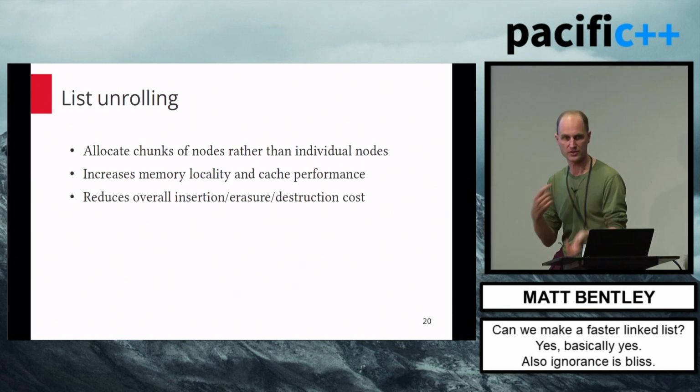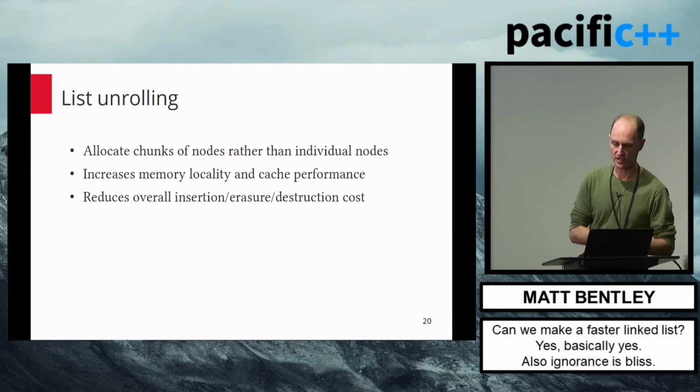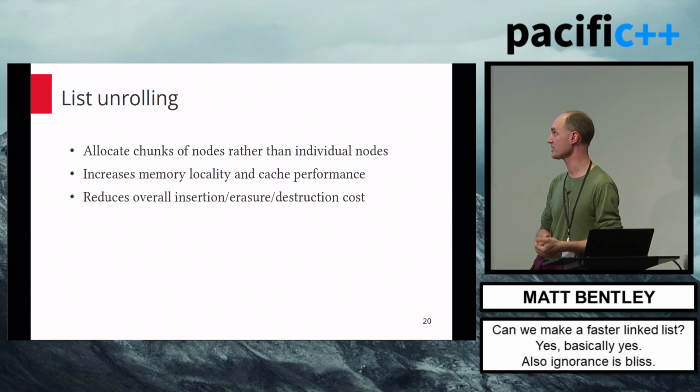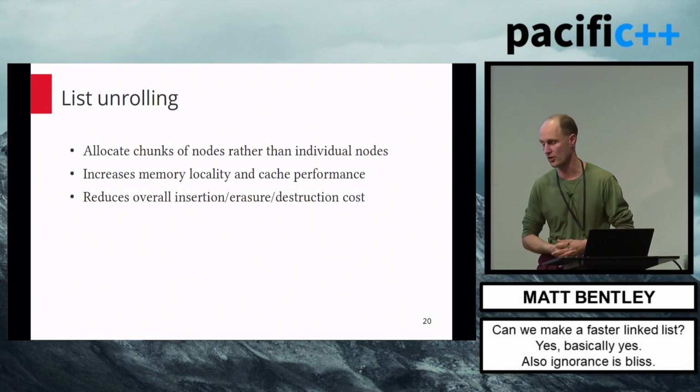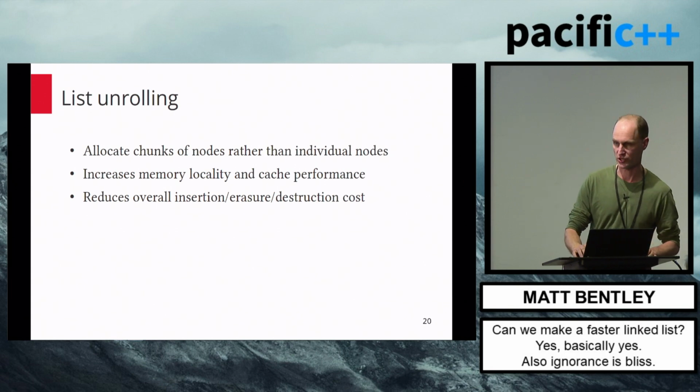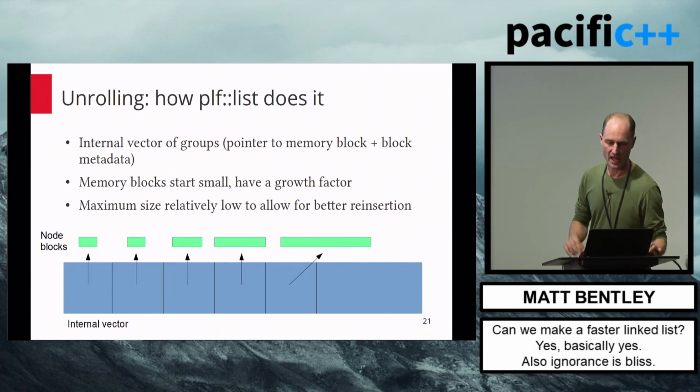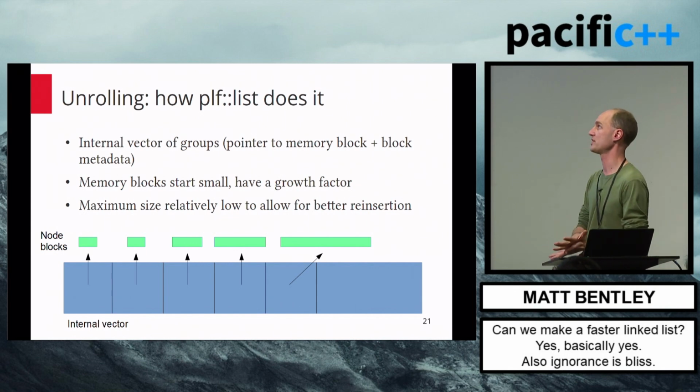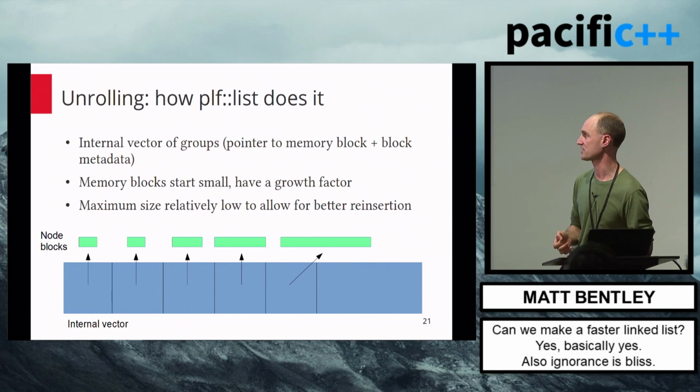So moving on to list unrolling, allocating nodes in chunks. Obviously, this increases memory locality and cache performance for iteration, and it reduces the overall insertion, erasure, and destruction costs by having fewer deallocations and allocations. How we do that with PLF lists is we have an internal vector of groups, which in this context I take to mean a pointer to a memory block plus metadata about that memory block.